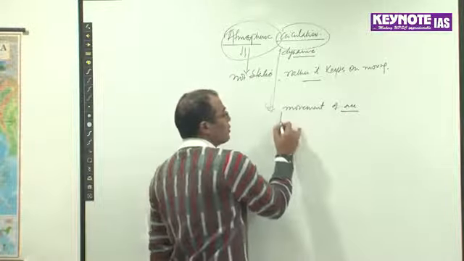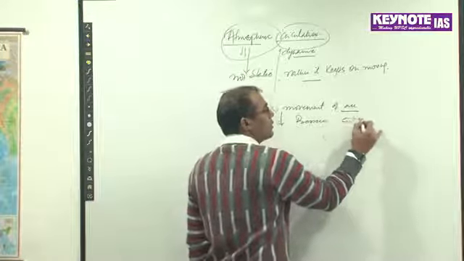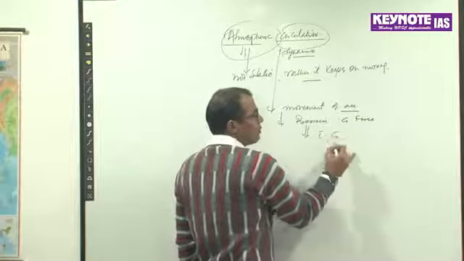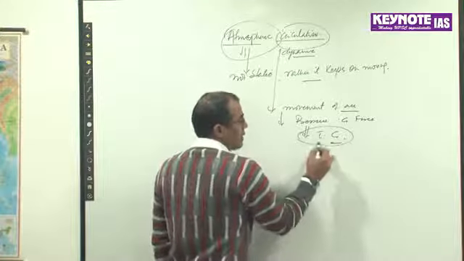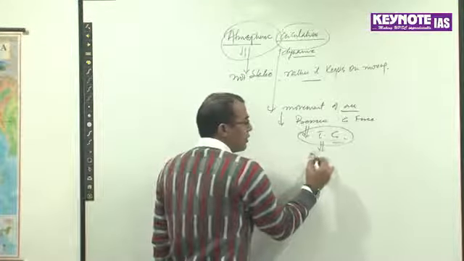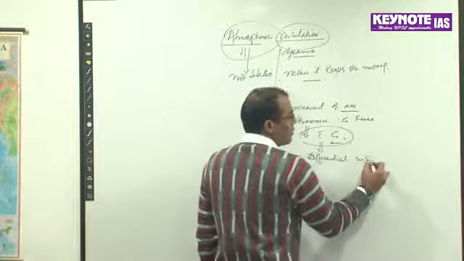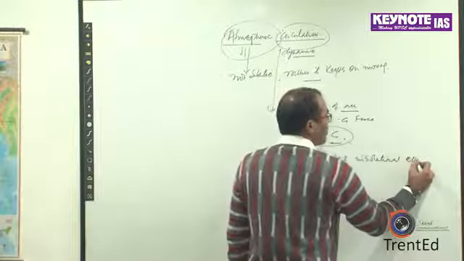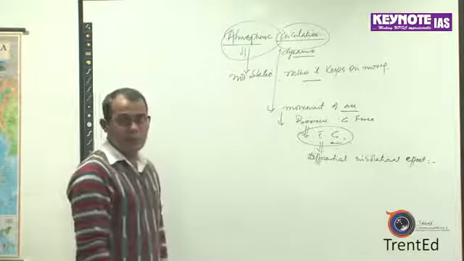Movement of air is always associated with PGF, the pressure gradient force. PGF is basically a function of temperature gradient, right? Temperature gradient is basically a function of the differential insolational effect, right?